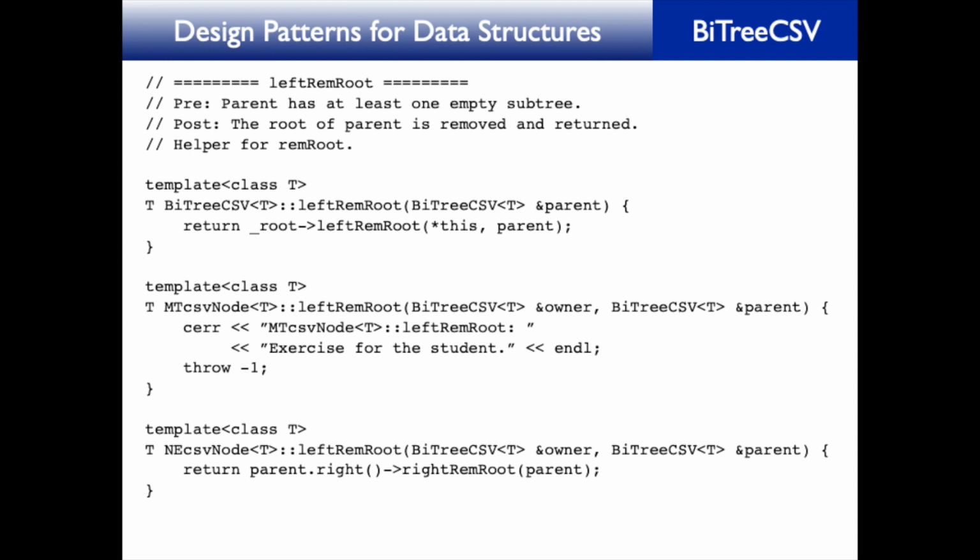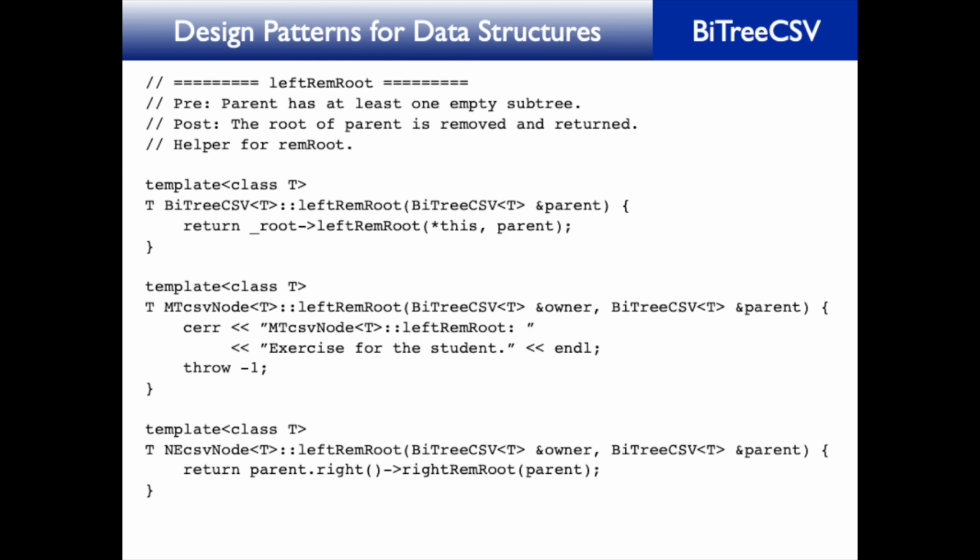Now, if the left subtree is empty, then the empty node version gets called, and we know that because the left subtree is empty, we can immediately remove the root. And if that is the case, there is no call to right remroot.